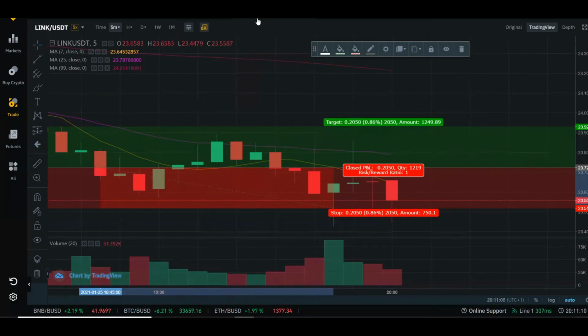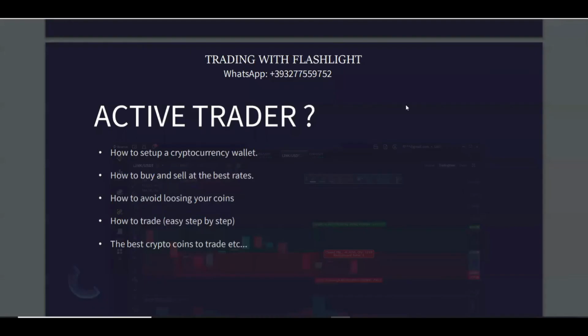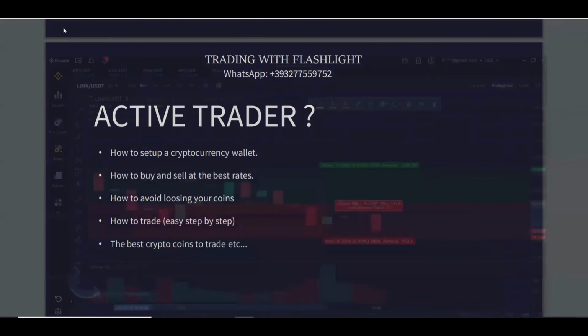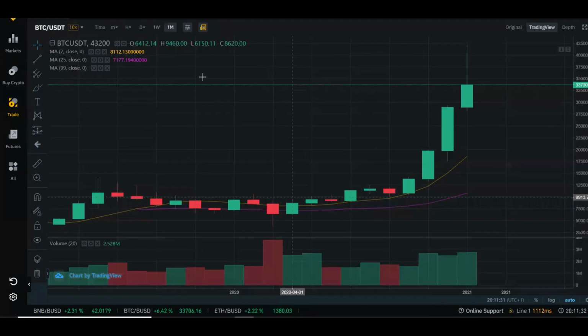And also, we have more than 10,000 coins. So it's not very easy to sort out which coin to trade if you are not used to. Sometimes it's good to have some help and to know which coin you can trade, because a lot of people talk about Bitcoin. So let's take Bitcoin.